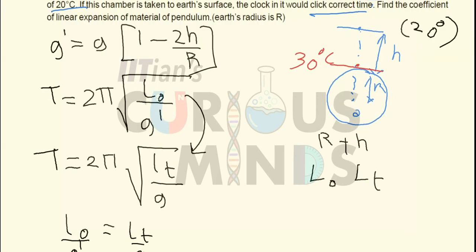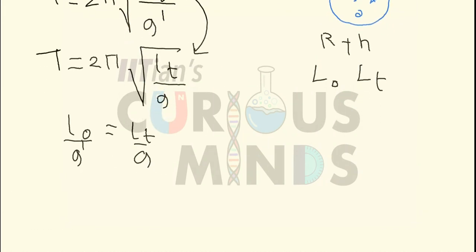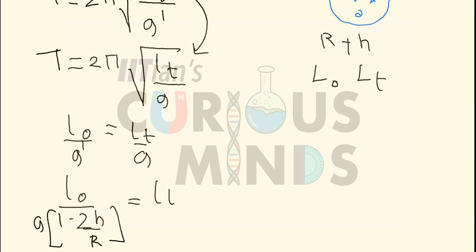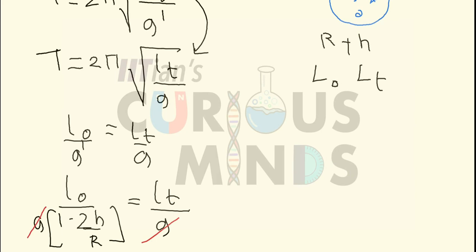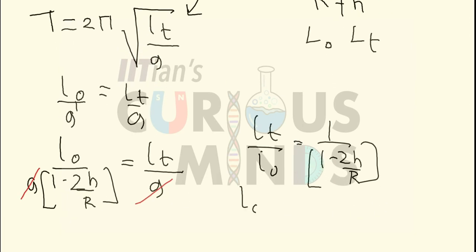Now g dash can be written as g times 1 minus 2h by r. So L naught divided by g into 1 minus 2h divided by r will be equal to LT divided by g. So g and g will get cancelled out. LT divided by L naught will be equal to 1 divided by 1 minus 2h by r.